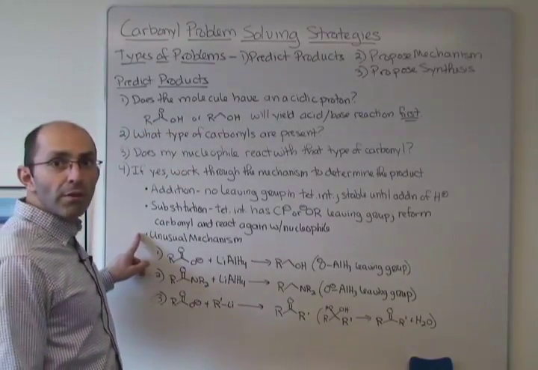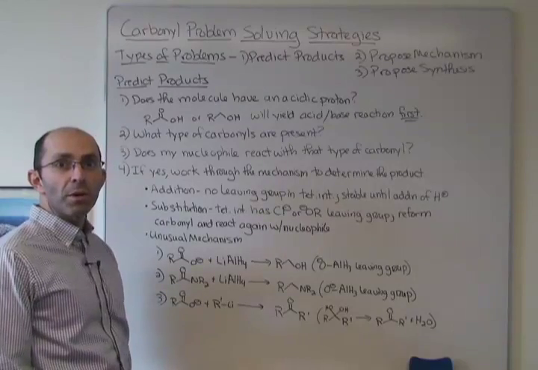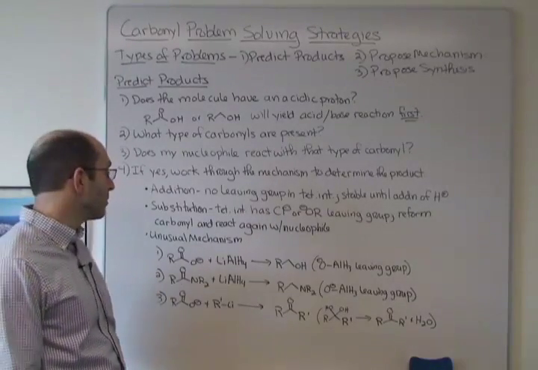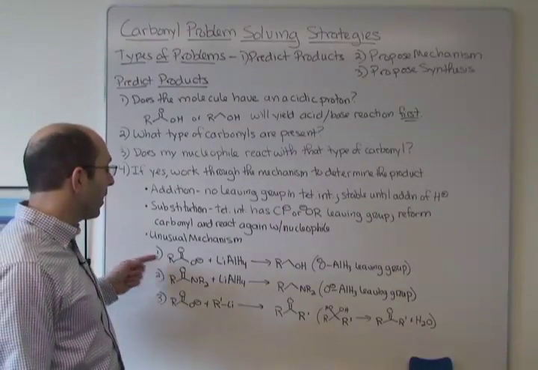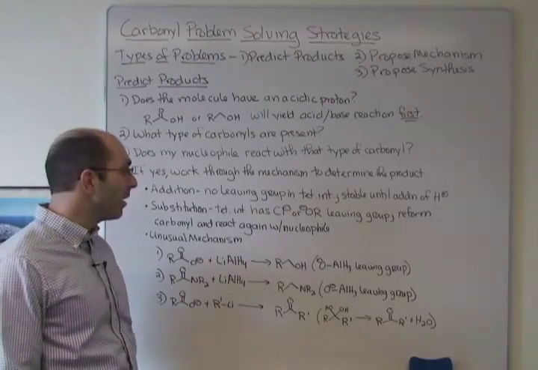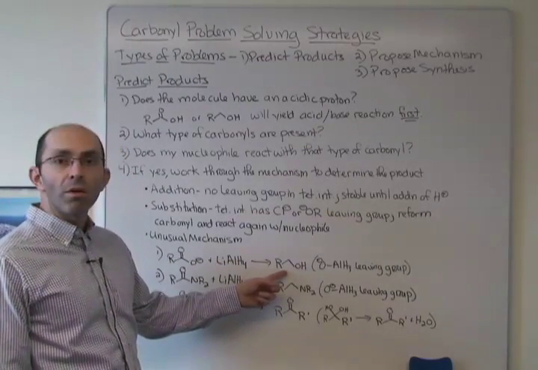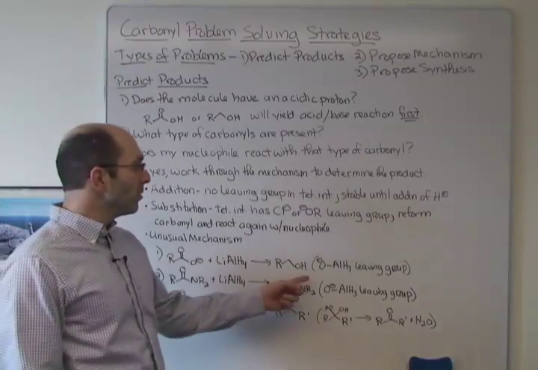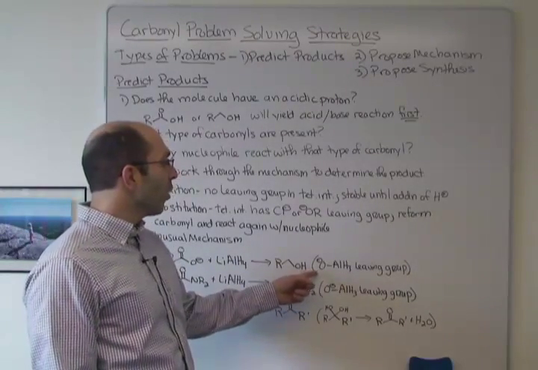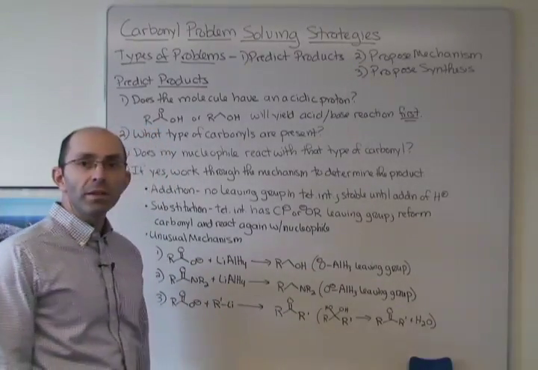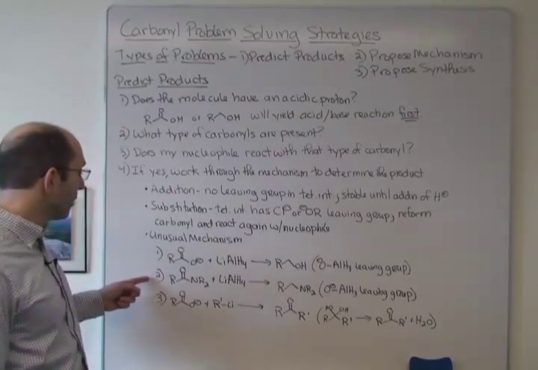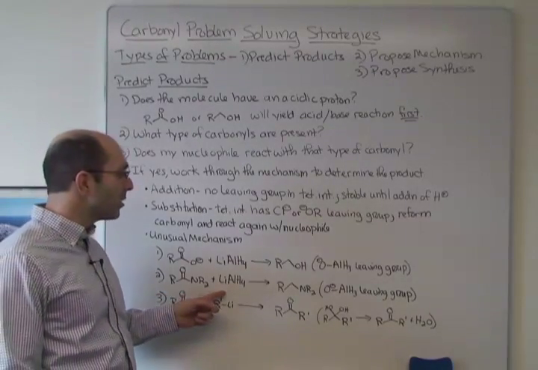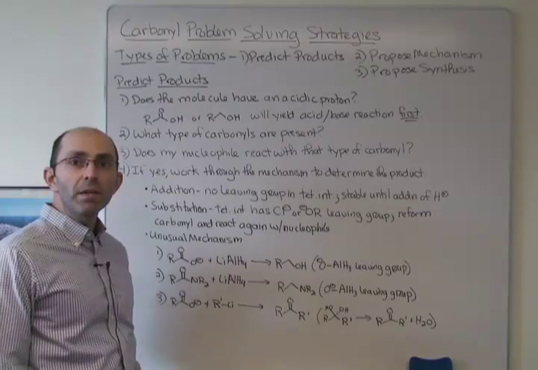Also, don't forget we have some unusual mechanisms. I would say right now we have three unusual mechanisms. We have a carboxylate anion plus lithium aluminum hydride. That yields a primary alcohol. And if you work through that mechanism, you see we have this interesting O- to aluminum hydride leaving group. Similarly, an amide plus lithium aluminum hydride gives us an amine.